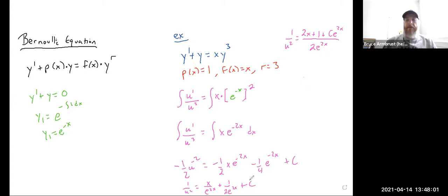I know technically that would have been a 2c, but since c was arbitrary, it's still c. I put this all into one so I could get u squared; I could just flip it over. Then u is going to be the square root of this.